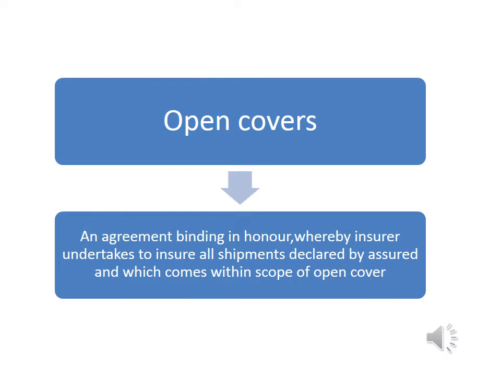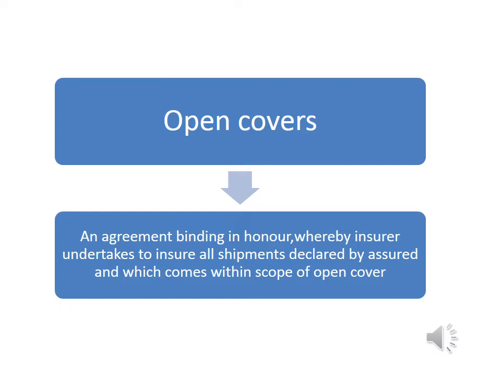Basically, after specific voyage, people started going for the open cover. Now, the open cover is basically an arrangement binding in honor, whereby the insurer undertakes to insure all shipments declared by the assured which come within the scope of the open cover.